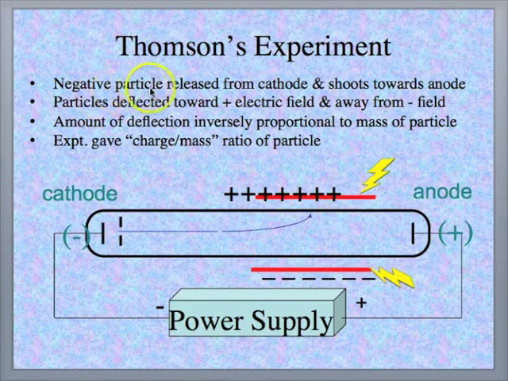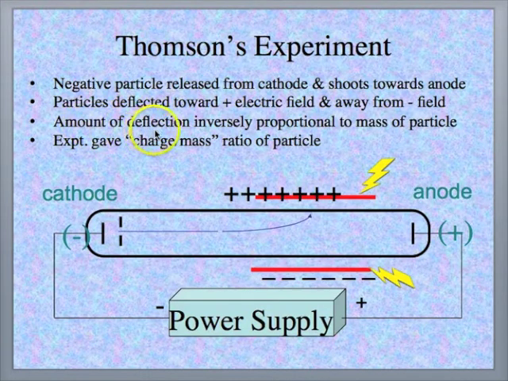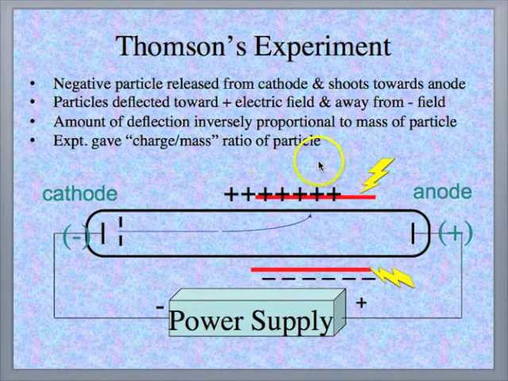So, negative particles released from the cathode shoot toward the anode. Particles are deflected toward the positive electrical field, away from the negative field. The amount of deflection is inversely proportional to the mass of the particle. And this experiment gave what is called a charge to mass ratio for these particles.